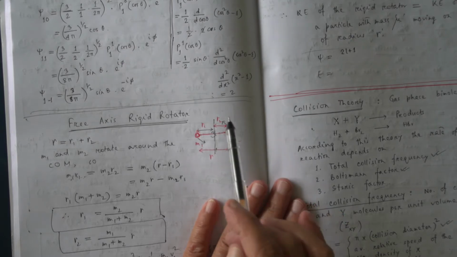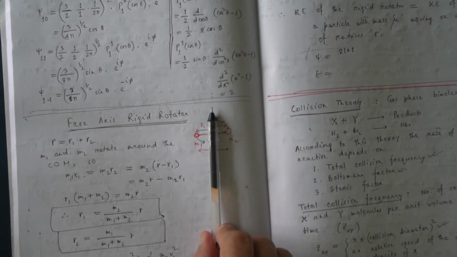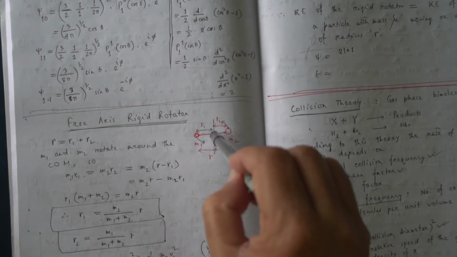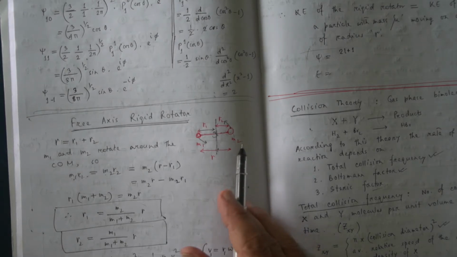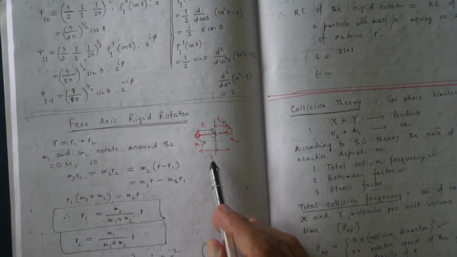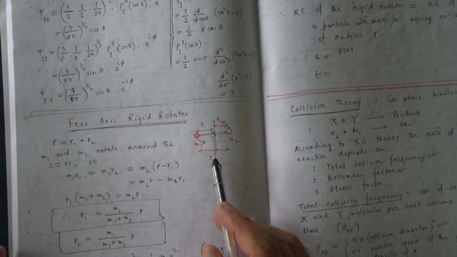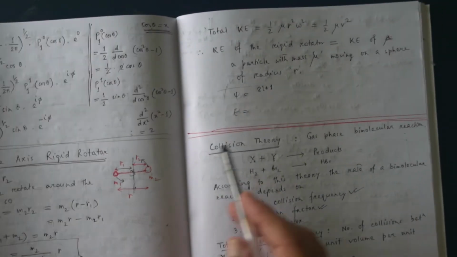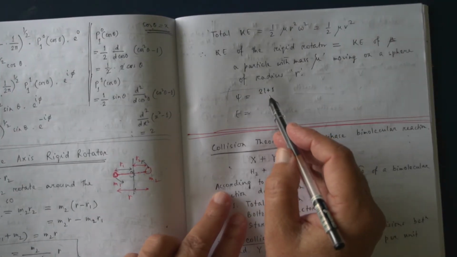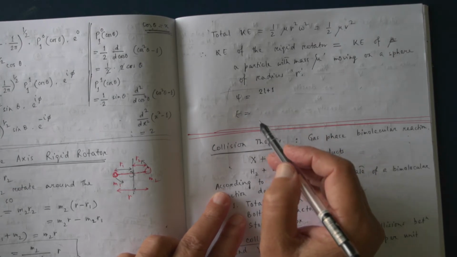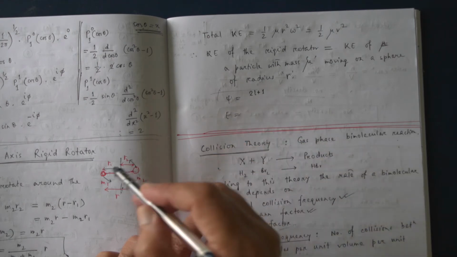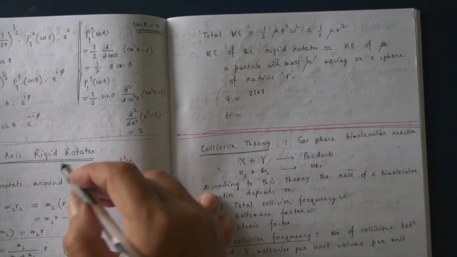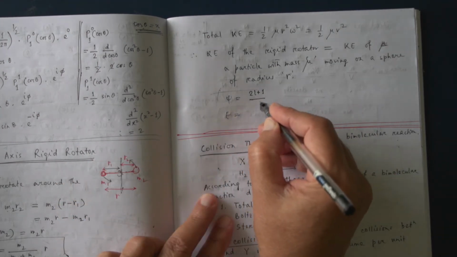Free axis means the axis may be taken in any direction, so it is three-dimensional motion.